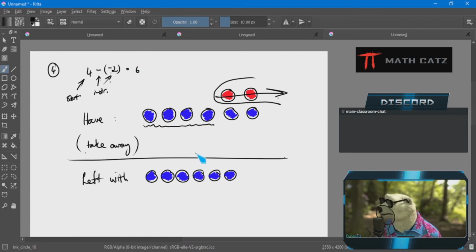There is the way of directly just bringing 2 in, adding to it, that'll be the plus version. Or there is this taking away of 2 negative chips that also results in 6. So yes, just like for the number line, there are 2 sides, and you can sort of guide that exploration with the student to eventually lead them to the conclusion, casually speaking, 2 negatives make a positive.